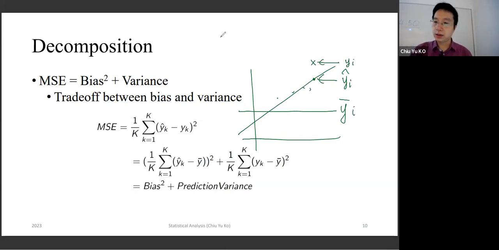The MSE is this quantity. By decomposition, you can look at this part, which is called bias.